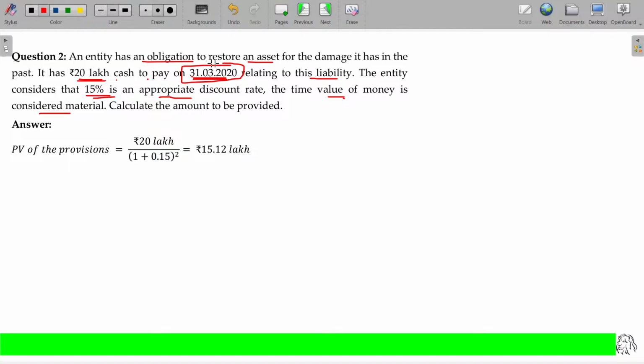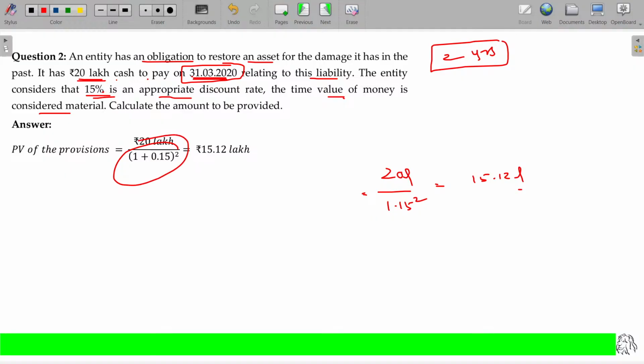The entity has an obligation to restore an asset for damage it has caused in the past. Okay, we assume a 2 year period is there to pay this amount. Then what happens? 20 lakhs divided by 1.15 to the power 2. So you have to make a provision for how much? 15.12 lakhs. You have to use the present value factor here.